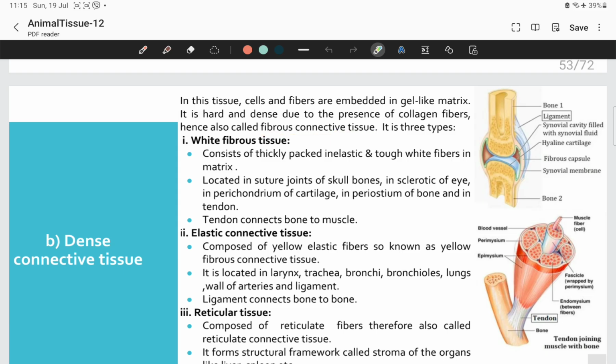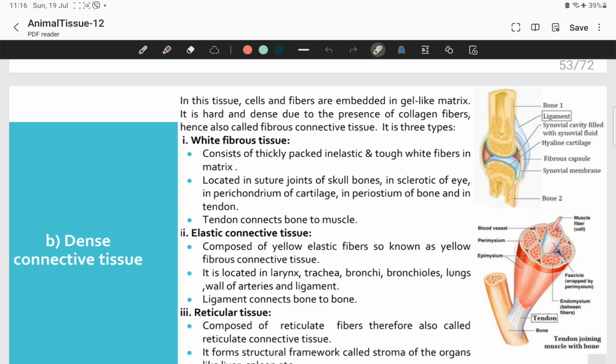And this is of three types based on what kind of fibers are present. White fibrous tissue is made up of white fiber, which is collagen fiber, which has flexibility but is not elastic, that we discussed before when we discussed types of fiber.